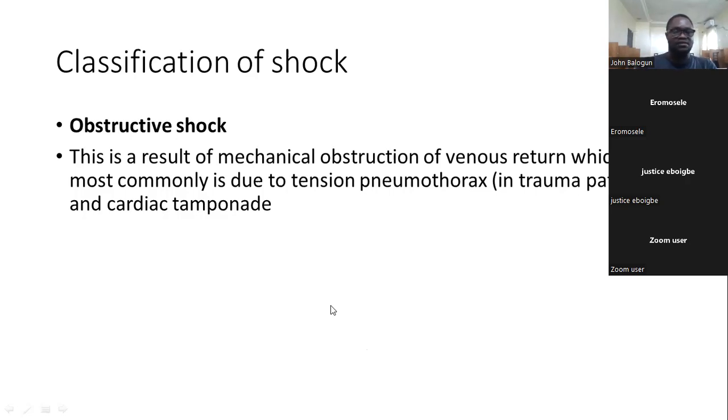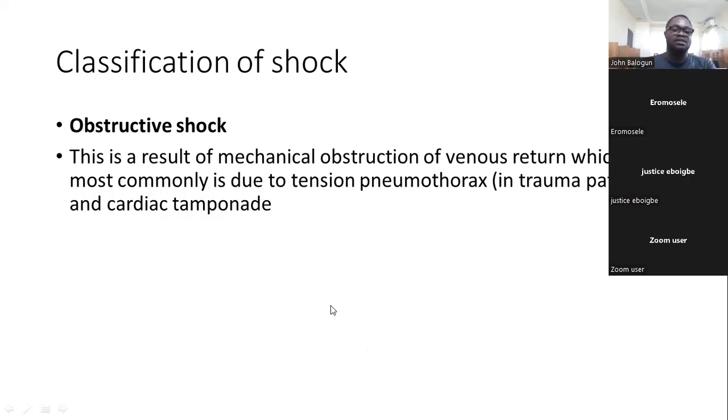Cardiac tamponade. Classically, how you identify it is that they will tell you the patient maybe was involved in an accident, maybe a driver who had the chest hit on the steering wheel. Clinically, the heart sound was muffled and distant, and there are distended neck veins.